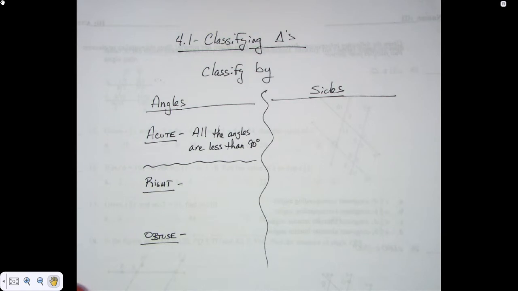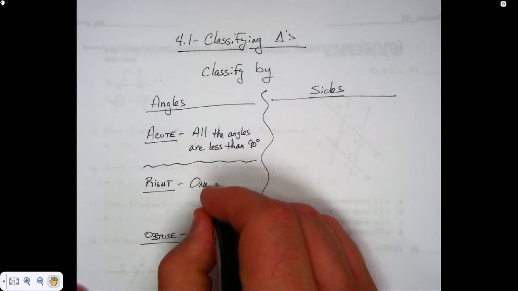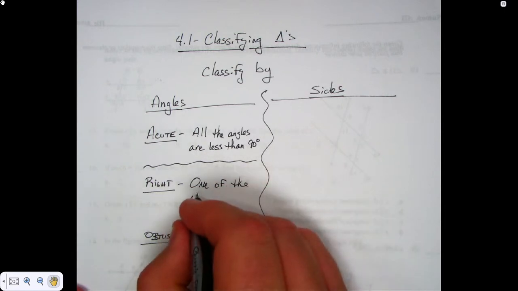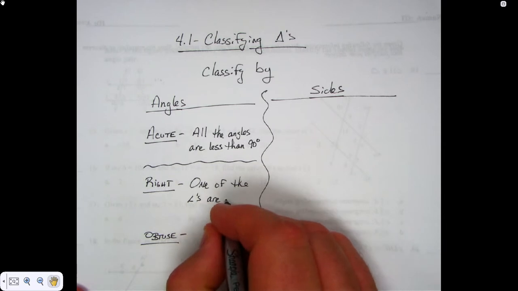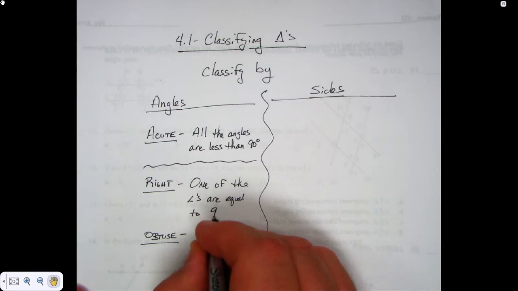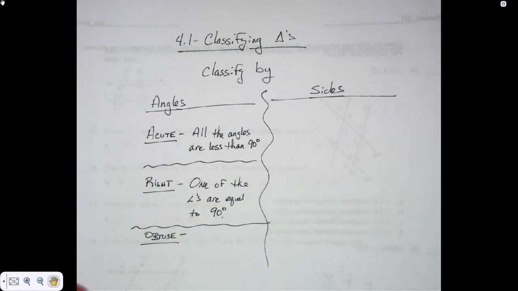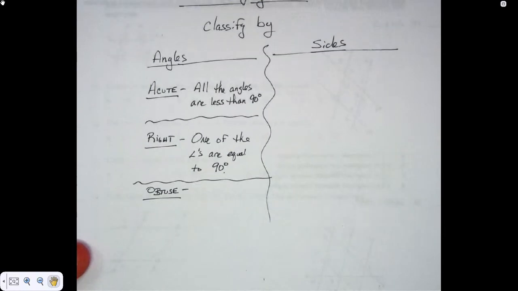What makes something a right triangle? One of the, and I'm going to use this, angles are what? Equal to what? 90 degrees. That's what makes something a right triangle.